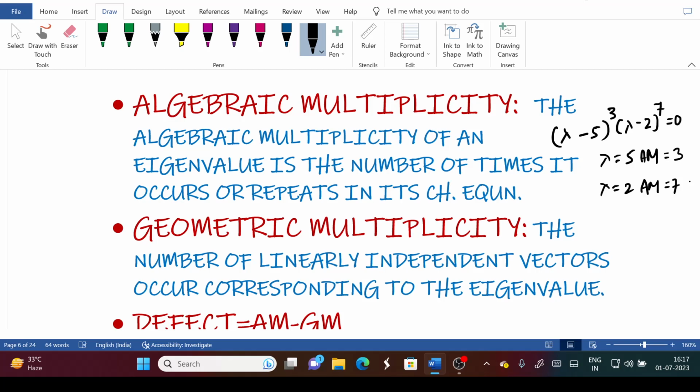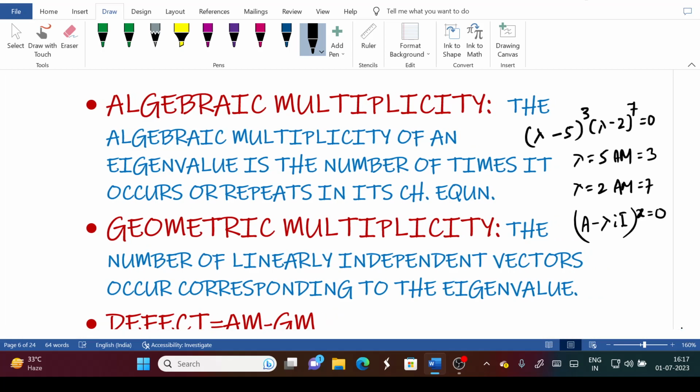Now what is geometric multiplicity? For λ = λ1, (A − λ1 I) x = 0. How many linearly independent non-zero vectors x satisfy this equation corresponding to λ = λ1?